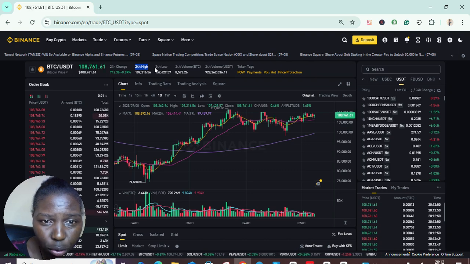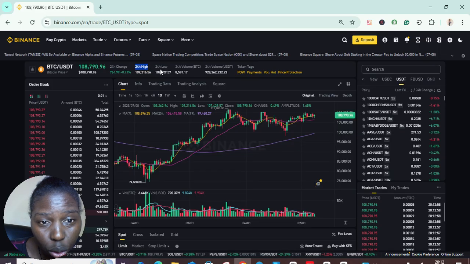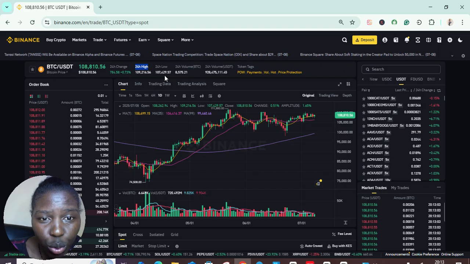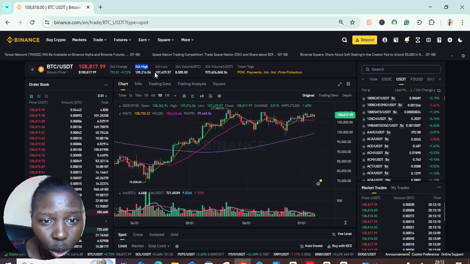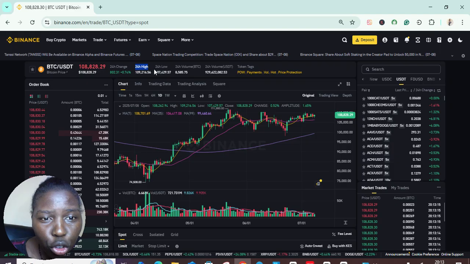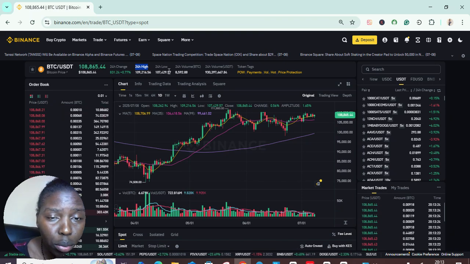Also in the last 24 hours, since the Bitcoin price has been changing and has been live, it has also gone low, and the lowest the price has hit is $107,429.57. So if you bought Bitcoin at 107,429.57 and then sold at the high of 109,216.56, that means you'd have bagged almost $2,000 if you bought a whole Bitcoin.